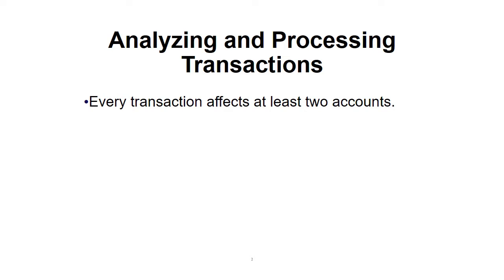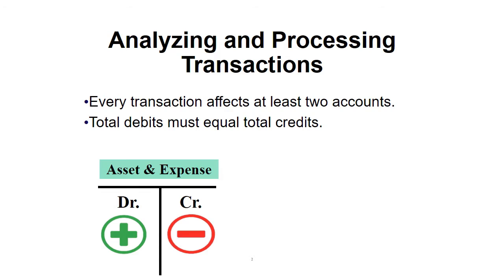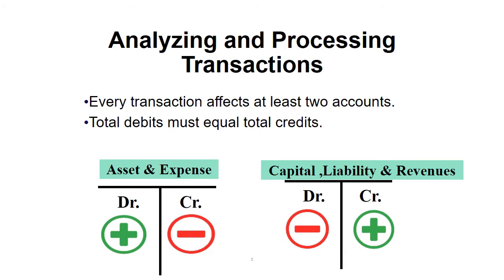I hope you all know that every transaction has at least two effects and the debit should always be equal to credit. And since we are going to do this according to the modern approach, you all know that for assets and expenses, the rule is increase is debited and decrease is credited, whereas for capital, liabilities and revenues, the rule is opposite.